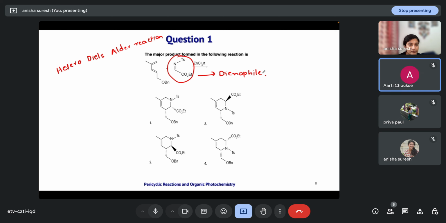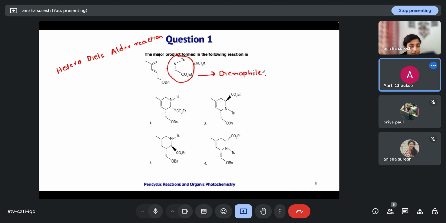Option 1. Can you reason why it will be the answer? Both the double bond positions.